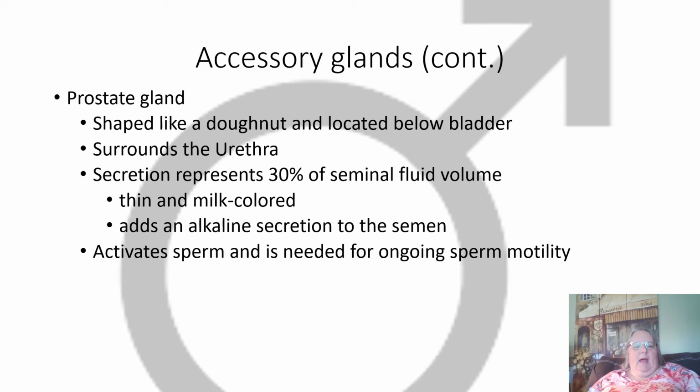It activates sperm and is needed for ongoing sperm motility. In older gentlemen, it can become enlarged and block off the urethra, so sometimes they need surgery to help correct that.